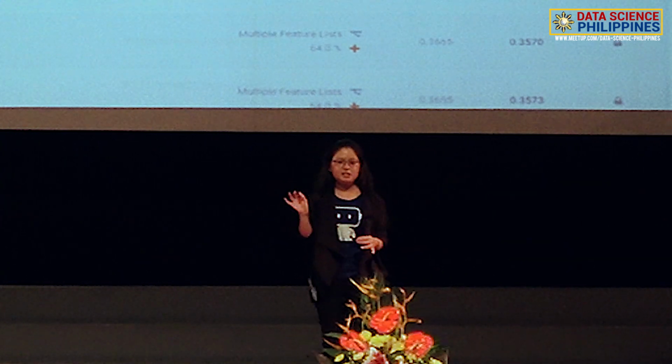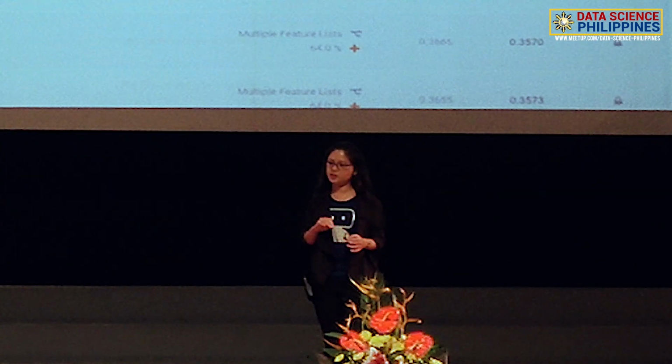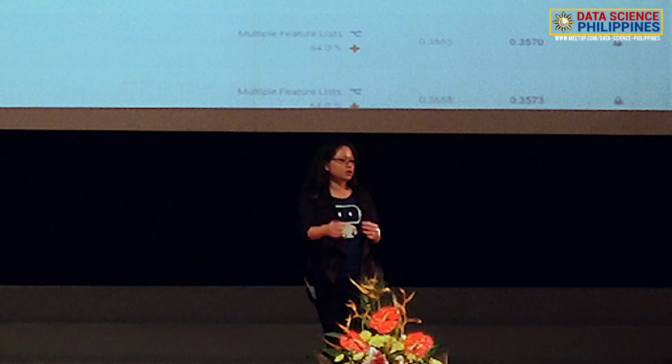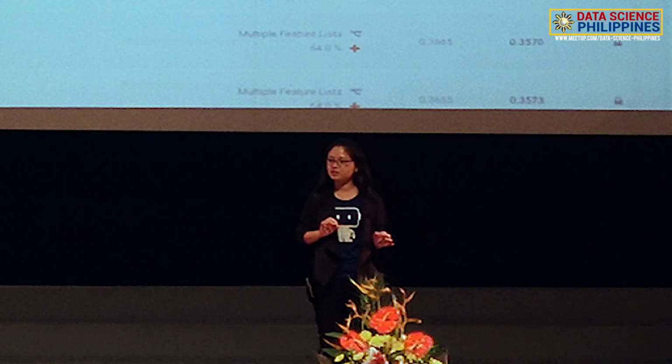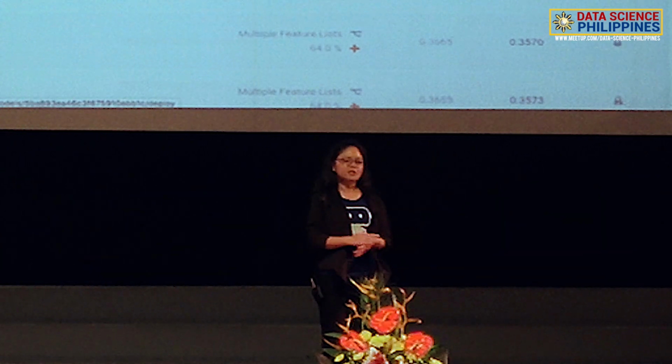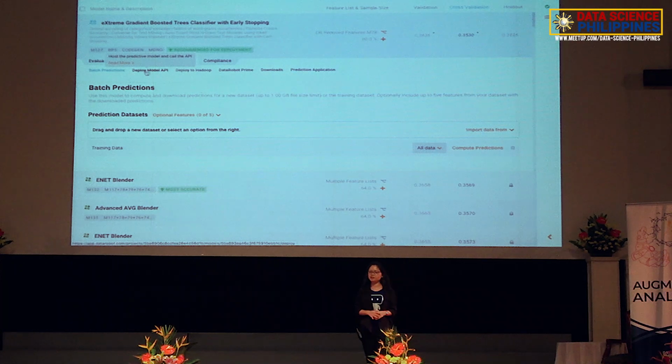But this is still quite a manual process, because you need someone sitting in front of the machine to do all the clicks and everything, right? So how do we automate this? At DataRobot, we always like to say we are an automated machine learning platform, so we need to automate this prediction scoring as well.